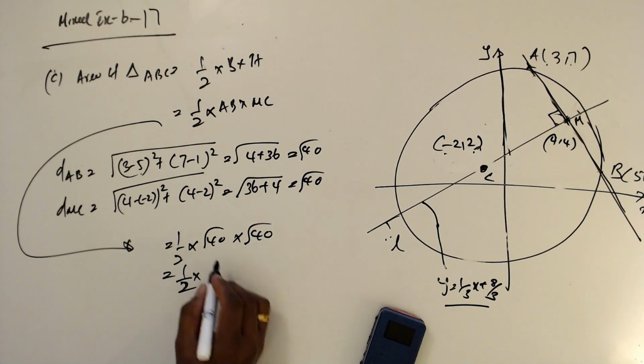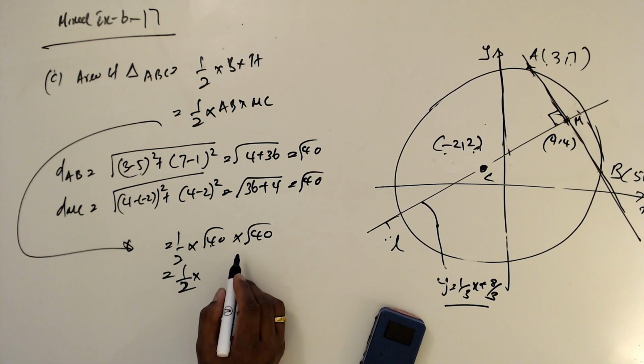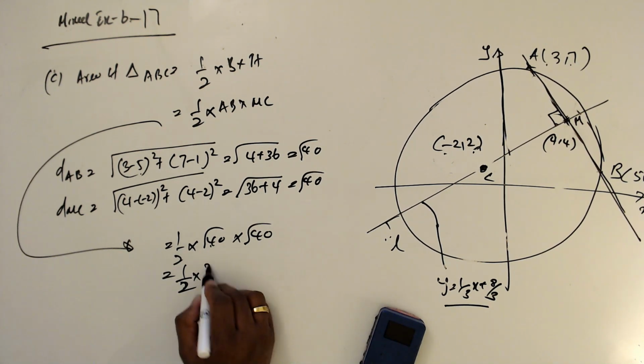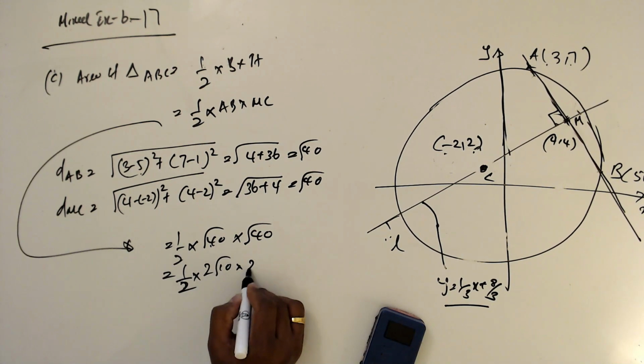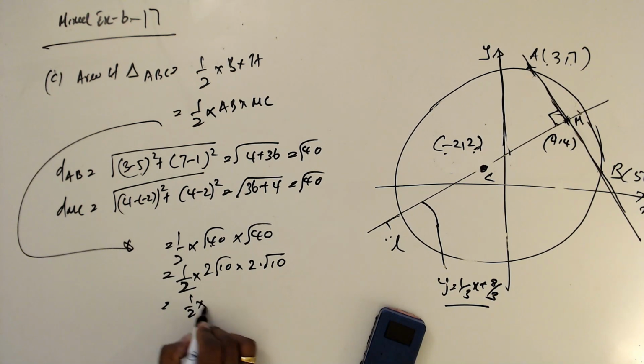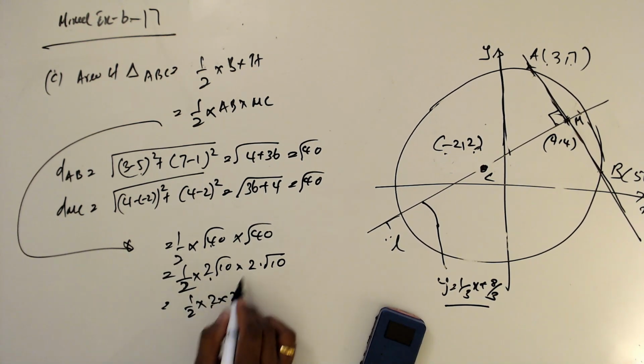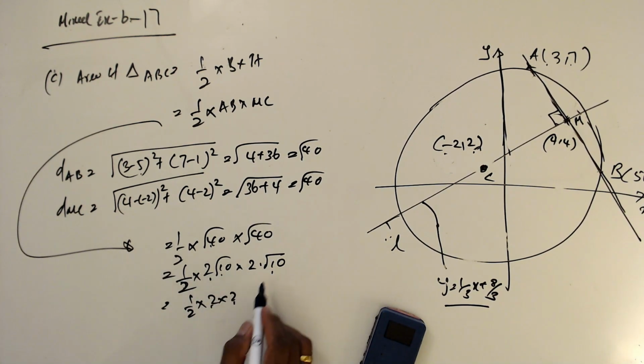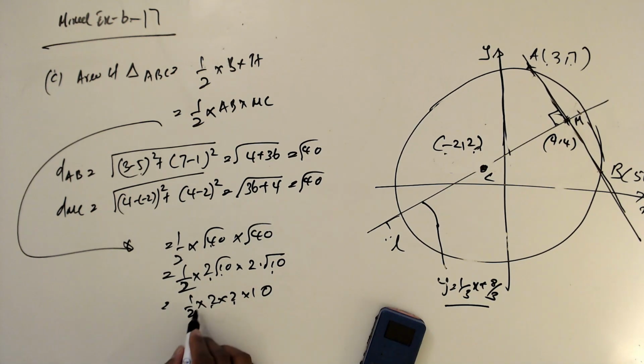Square root 40 is square root of 4 times 10, so 2 square root 10. So half times 2 square root 10 times 2 square root 10. Half times 2 times 2 cancels, and square root 10 times square root 10 is 10. So 2 times 10 is 20 units squared.